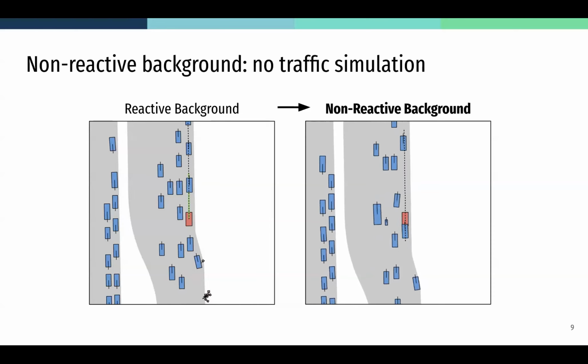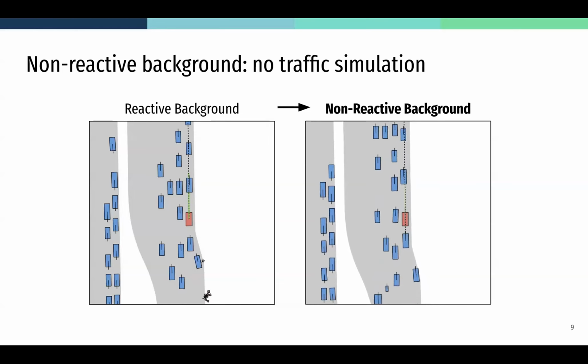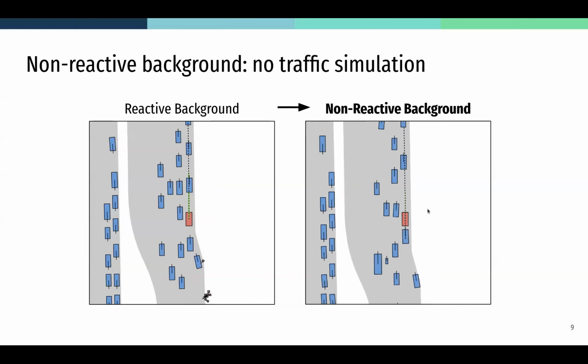This leads to weird effects, like you see this blue car driving through the ego vehicle, but it simplifies the simulation environment to a significant extent, and it is still useful in creating an interesting benchmark.